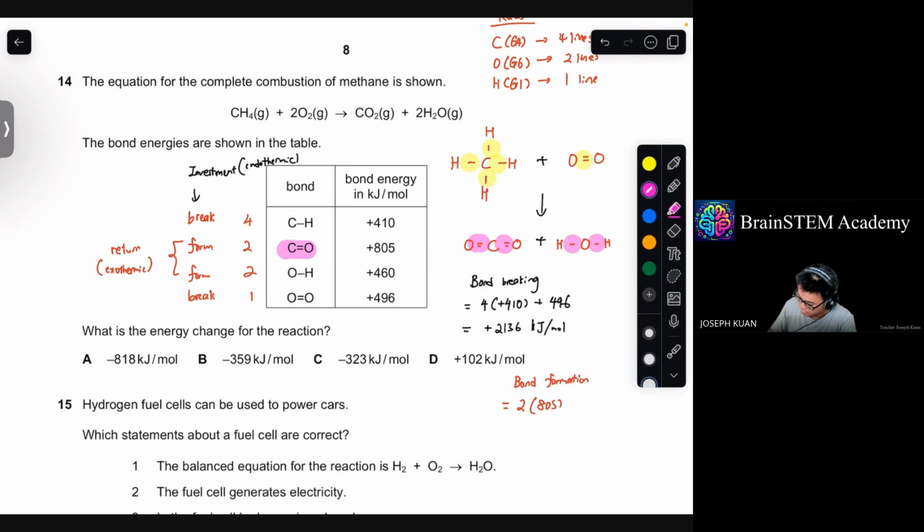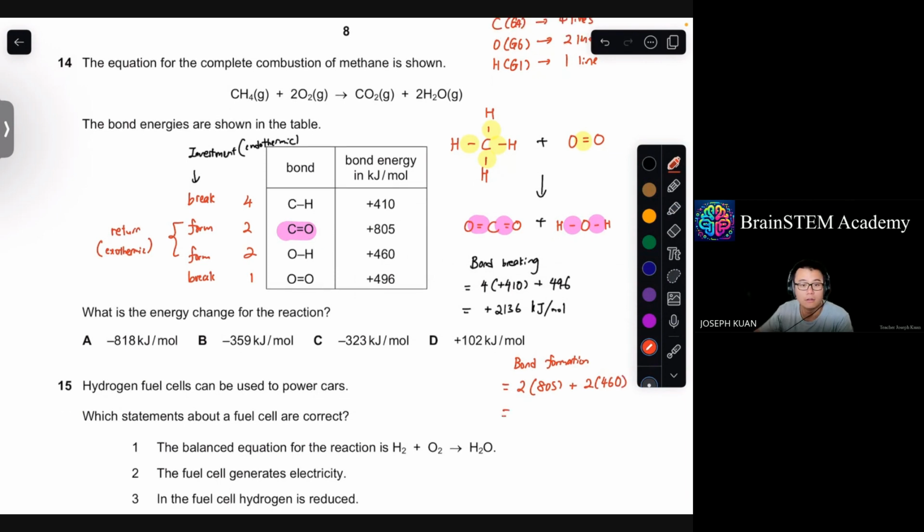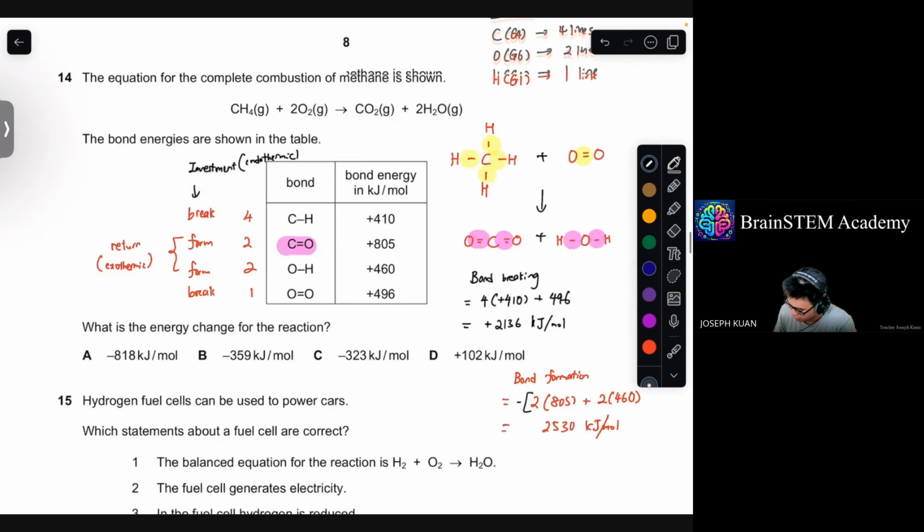And then 2 hydrogen-oxygen bonds, which means that you need another 2 times 460. Add them all together. 2530. Okay, so the sign's actually negative, so allow me to put a big negative surrounding the calculation.